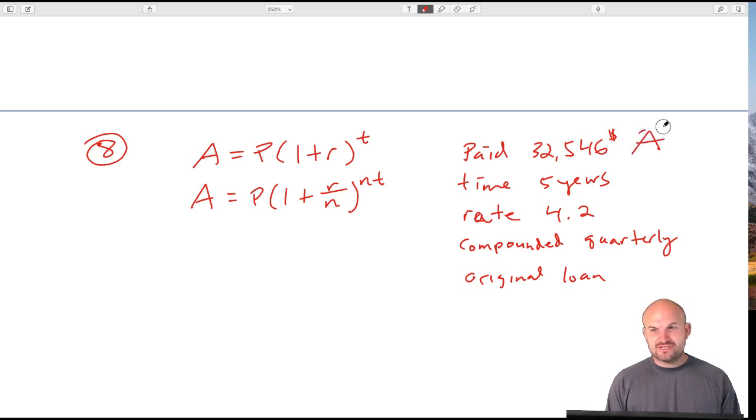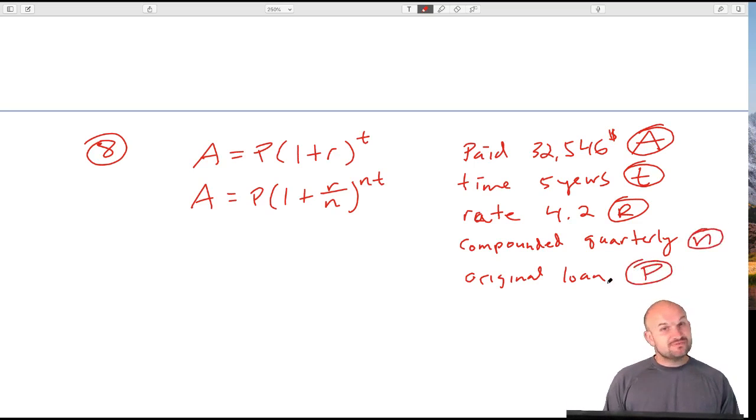That's your final amount. The time is T. The 4.2 is your rate. And your compounded quarterly is going to be your N. And what we're going to look for is our original value, P. So A is the final amount. P is the initial amount, which was like your original loan. And then we have your interest rate divided by N, raised to N times T.